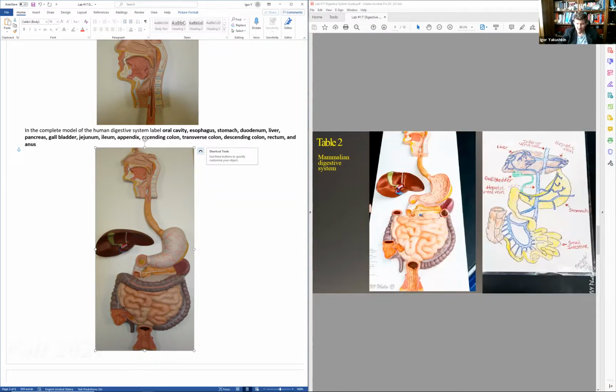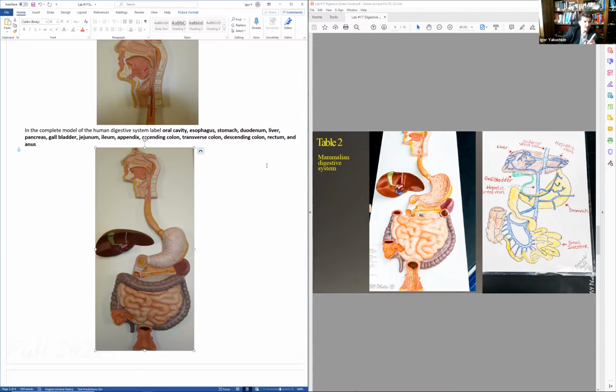Here we go, the picture where the transverse part of the large intestine has been moved out. So that area is the duodenum right here. That's the beginning of the small intestine. Then the majority of the small intestine is the jejunum, and the area where the small intestine goes and becomes the large intestine, that's known as the ileum, right?